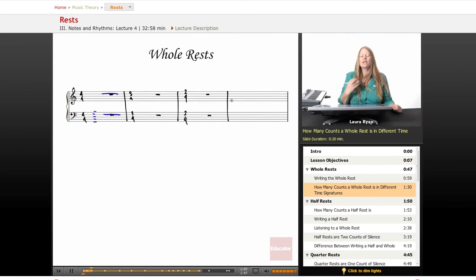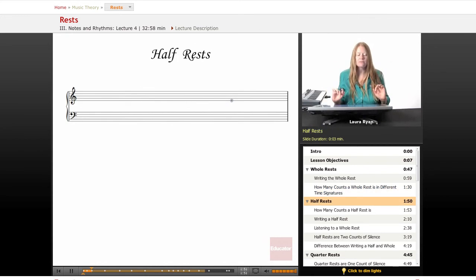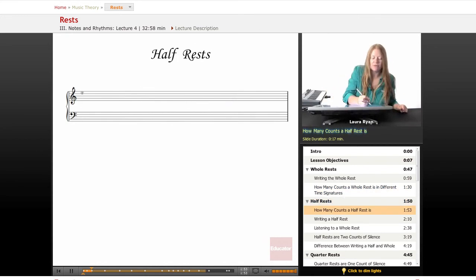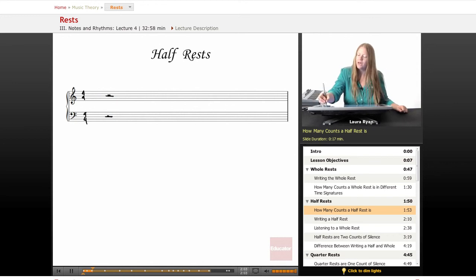Okay, so let's move on to half rests. Half rests are 2 counts in 4/4, and in every time signature, they live on the middle line of the staff. They're worth 2 counts of rest, and it looks like a hat.